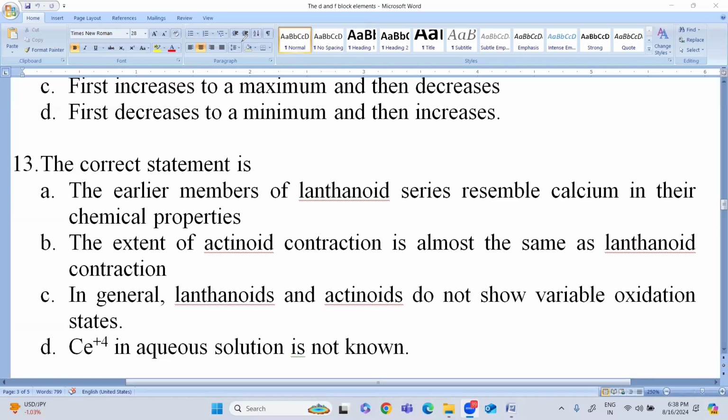So apply your knowledge about the lanthanoids and actinoids, and try to answer this.